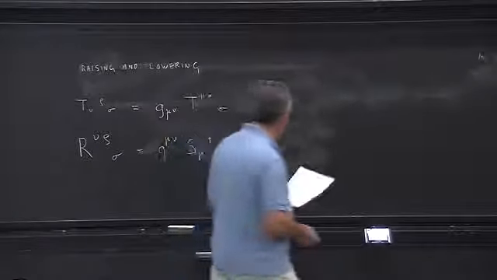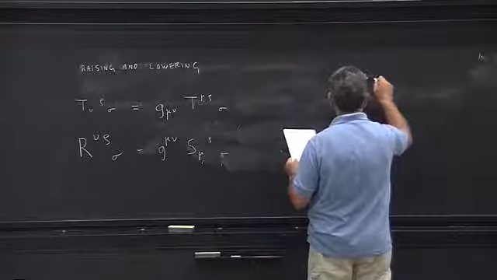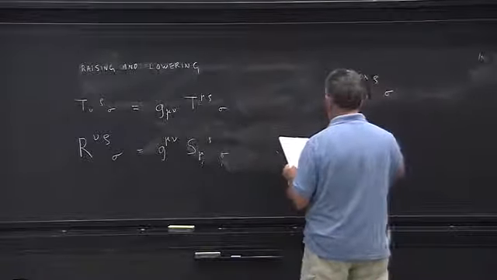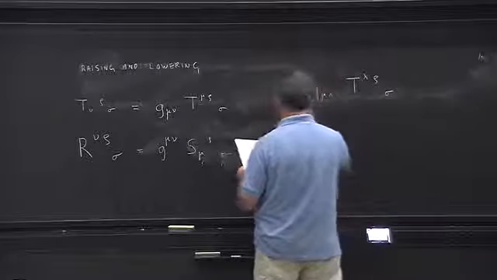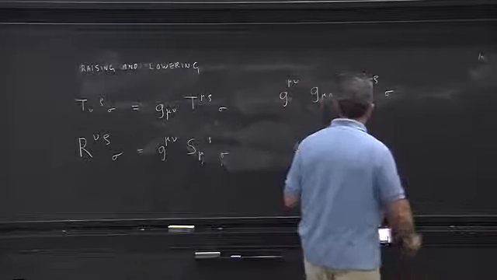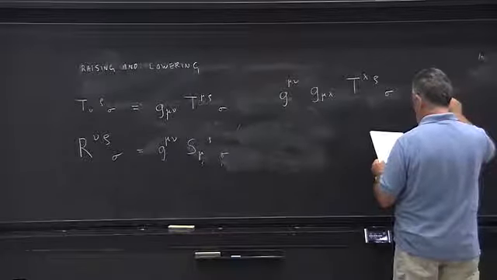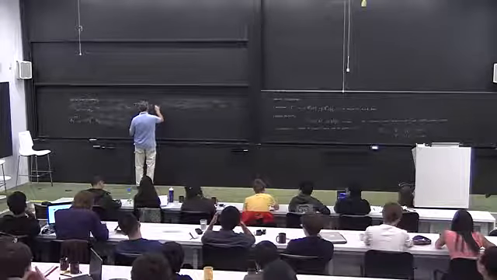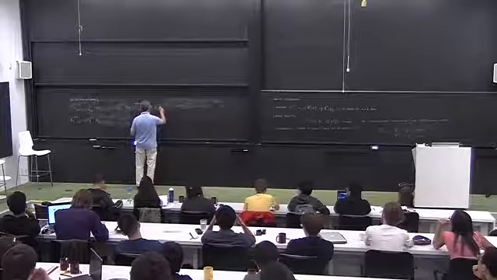And if we do both, if we take T lambda rho sigma, and we lower the index with G mu lambda, and then we raise the index with G mu nu, we get back to R nu rho sigma.